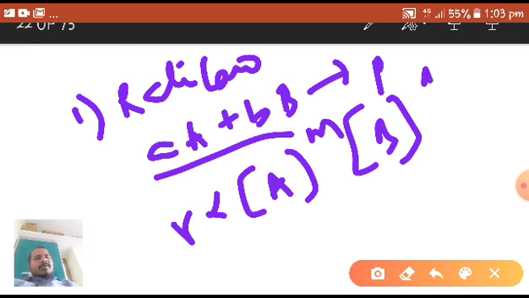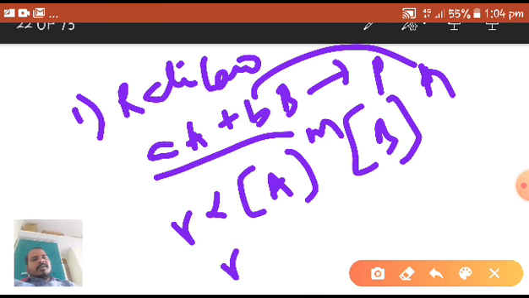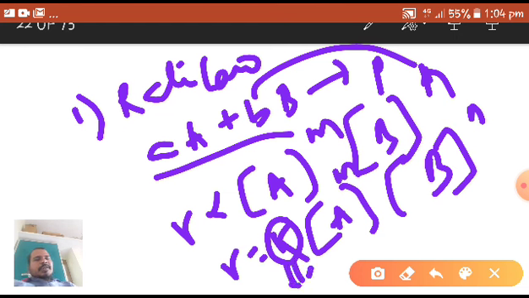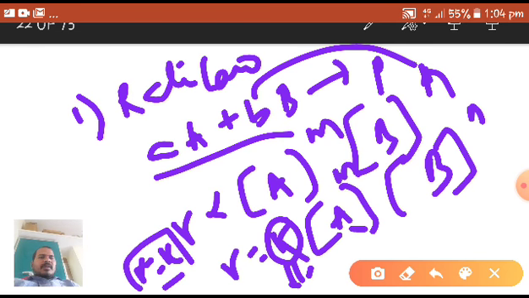Then r = k[A]^m[B]^n, where k is the rate constant. If the molar concentrations of reactants become unity, then the rate of the reaction is equal to the rate constant.